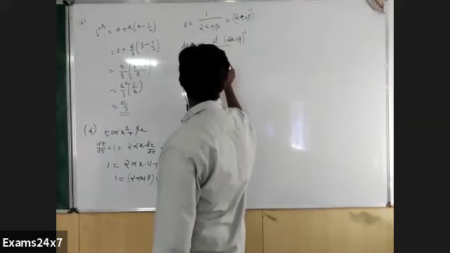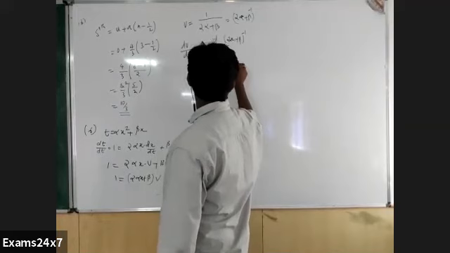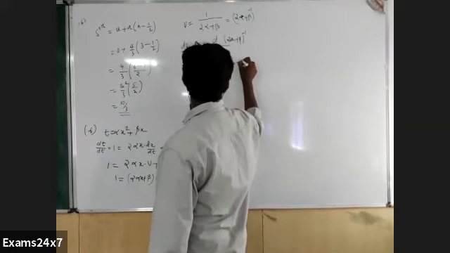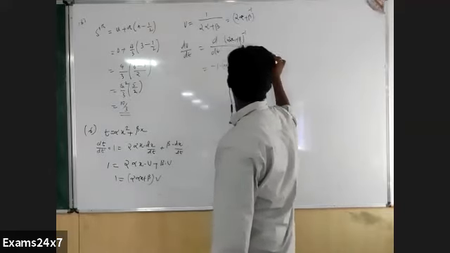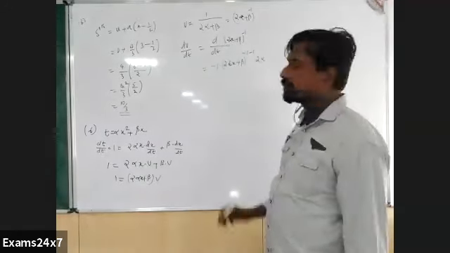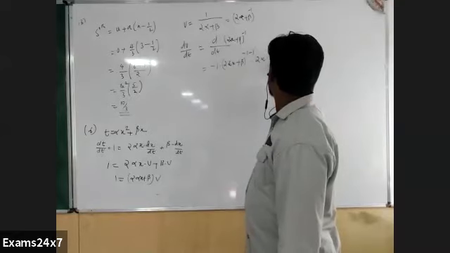That is minus 1 (2 alpha x plus beta) to the power minus 2 into 2 alpha into dx by dt.